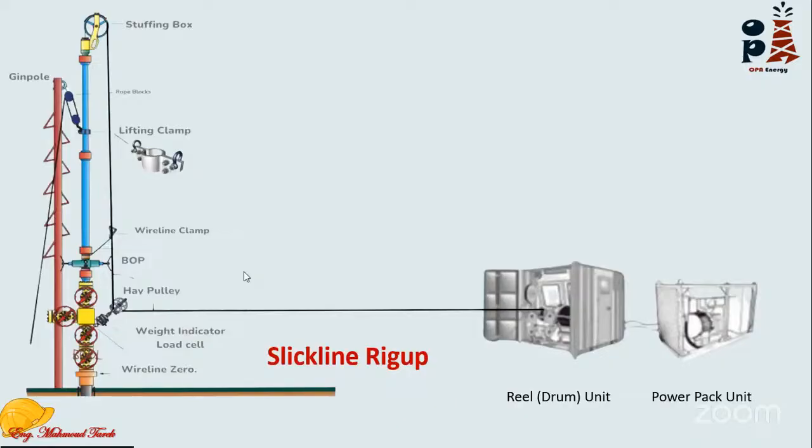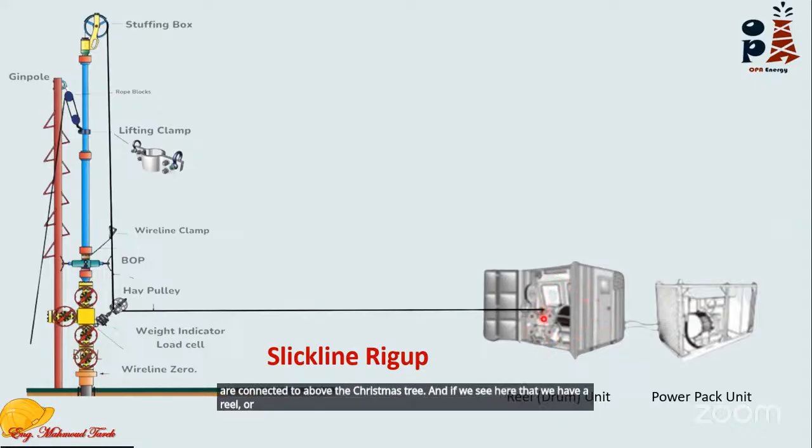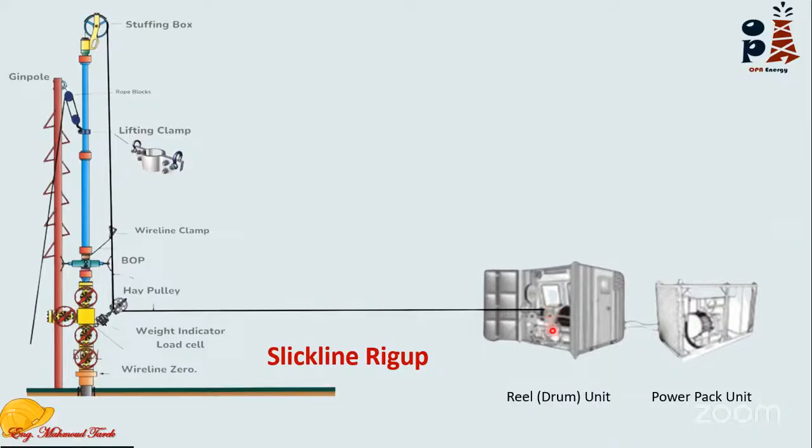To imagine the Slickline rig up, as we said, we have this PCE, the risers, and the BOP all connected above the Christmas tree. So the PCE, the pressure control equipment, stuffing box, lubricators, and the BOP are connected above the Christmas tree. And here we have a reel or drum, around which the Slickline is spooled, and a power pack unit.